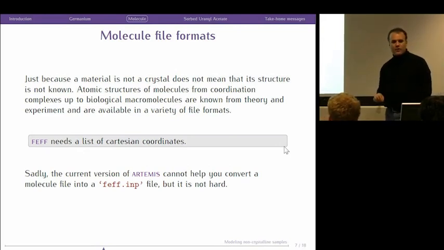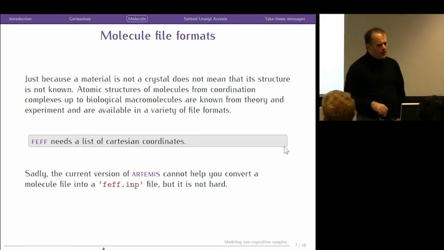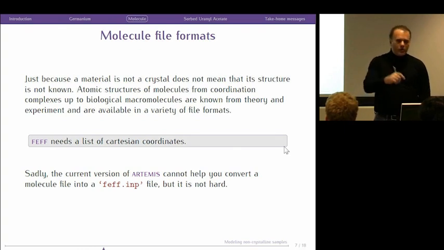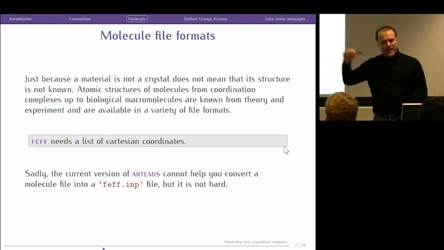Okay, here's trick number 2. Trick number 2 is what do you do if you're measuring something on a molecule? Well, Feff, as I said yesterday, makes no assumption of symmetry or periodicity. We start with crystalline data often because it's an easy path to make input for Feff.